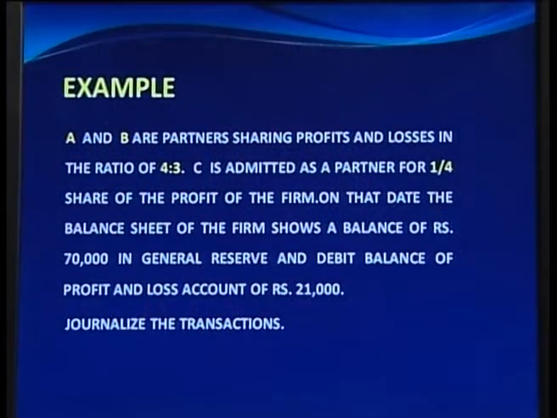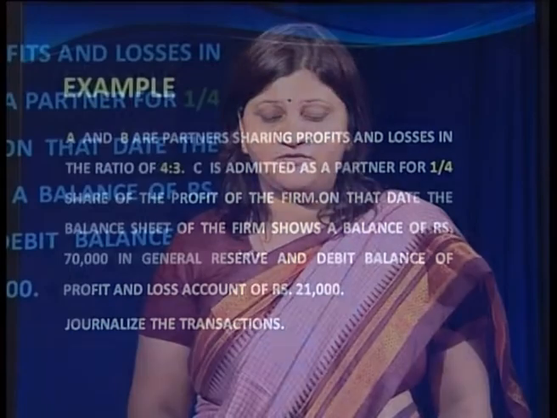So, we have to journalize the transaction, and we will have to pass two different entries, one in relation to the distribution of the reserves of 70,000 and another in relation to the distribution of the loss, which amounts to 21,000. The profit sharing ratio will be 4:3, as we have to distribute such accumulated reserves, profits and losses in the existing ratio of the existing partners before the admission of the new partner.